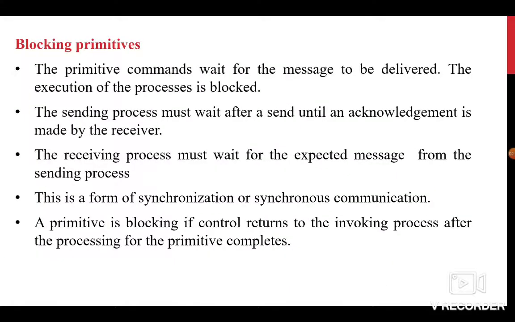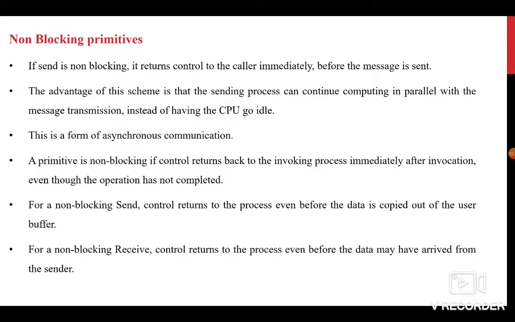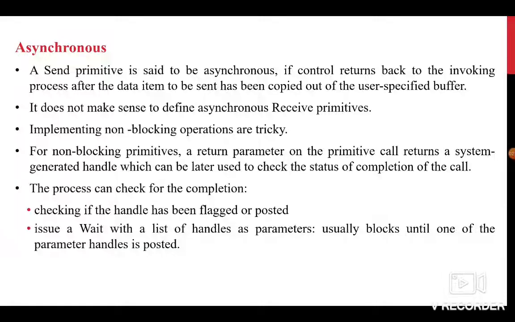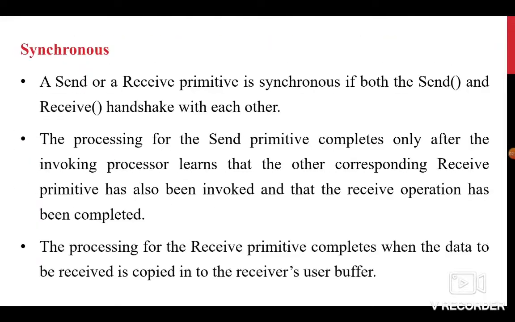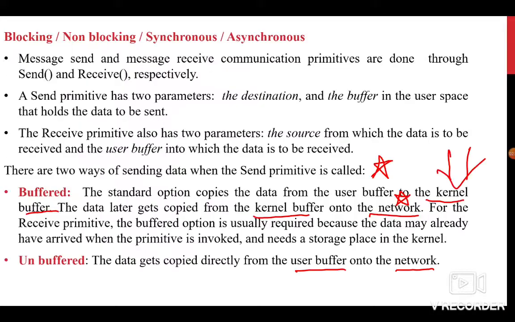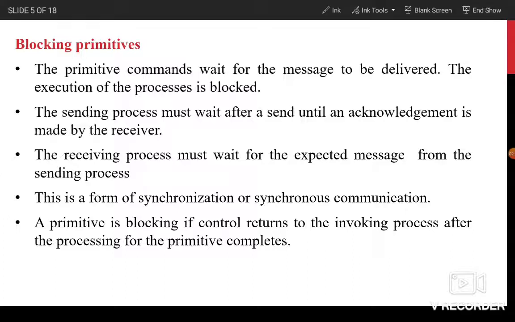You can categorize the primitives into blocking primitives, non-blocking primitives, synchronous primitives and asynchronous primitives. The first one is the blocking primitive. As the name itself implies, the execution of the process is blocked. That's why it's called a blocking primitive.